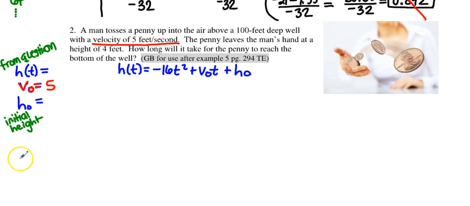Here's the well. Imagine I'm going to draw the well over here, and that's the top of the well. So I've got my well, a very high-tech well going on here. And it says that he tosses a penny up into the air above a 100-foot deep well.